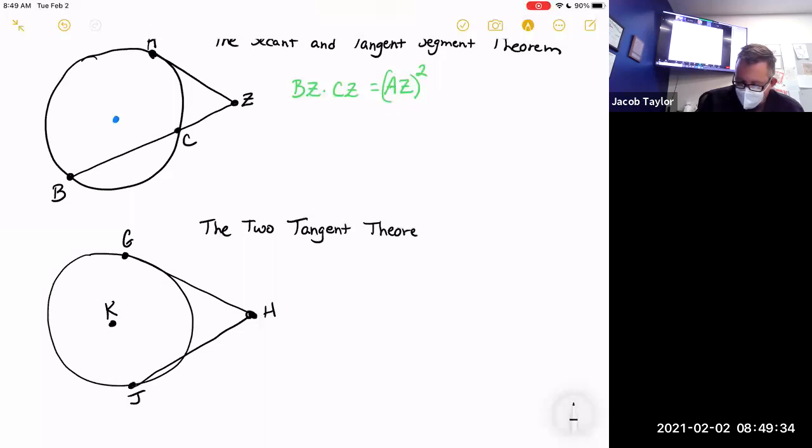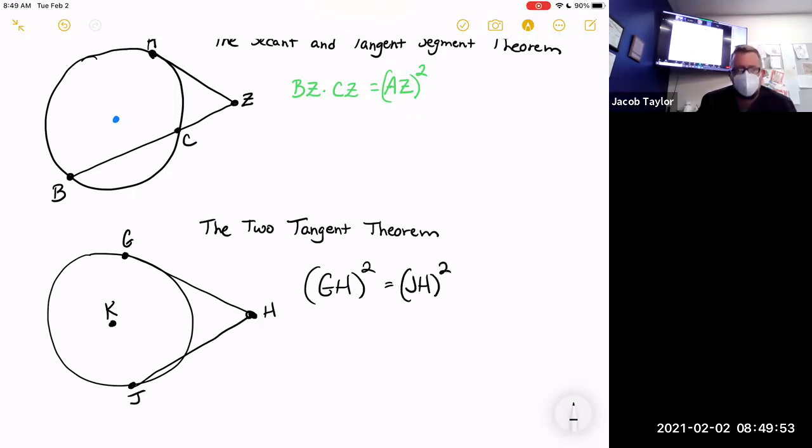That's correct. So could I say GH squared equals JH squared? I could. That seems awfully labor intensive though. They just equal each other. So I could do GH squared equals JH squared, but that's unnecessarily complicated. Really, it's just that they're equal to each other.